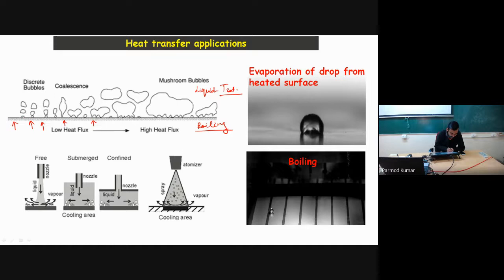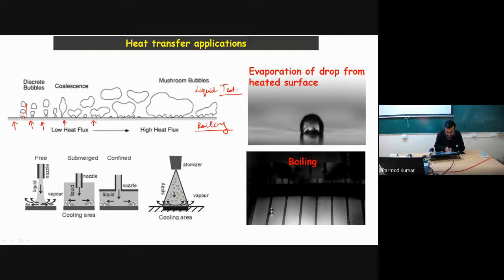These vapor bubbles form and grow on the surface, and when the bubble becomes larger and the buoyancy forces dominate over the surface tension forces, the bubble leaves the surface and rises upward.